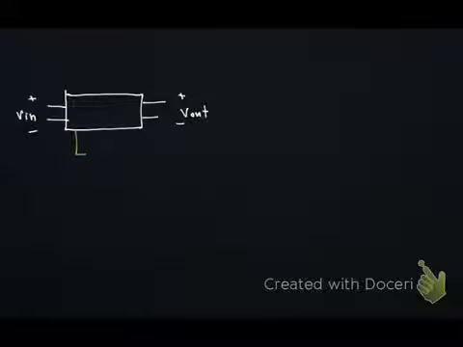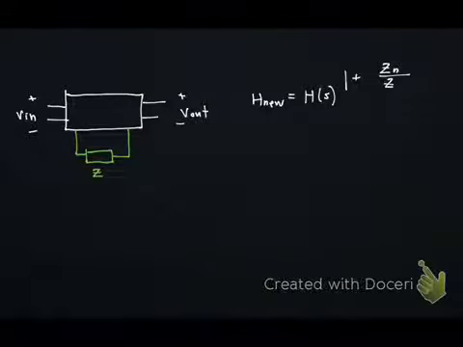You can attach an extra element to it with an impedance Z, and you can find the transfer function of this new circuit, H new, from the formula H of S, which is your old transfer function, times 1 plus Zn over Z, divided by 1 plus Zd over Z. And Zn and Zd are just your driving point impedances, both with your input shorted and your output set to 0. But where does that actually come from?